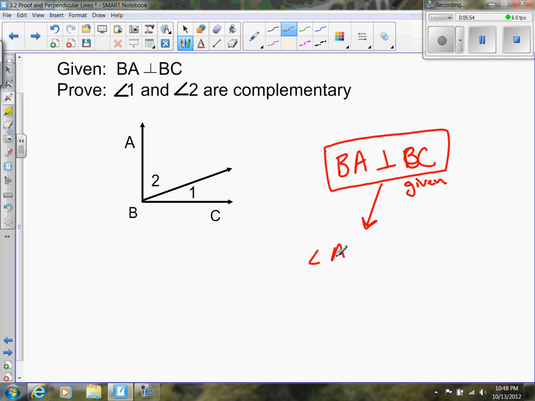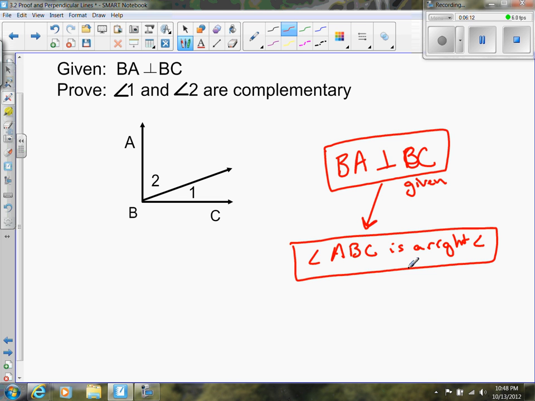Okay, so I would conclude that angle ABC, so I'm using the picture, if they're perpendicular, angle ABC is a right angle. And what says that? That would be the definition of perpendicular.